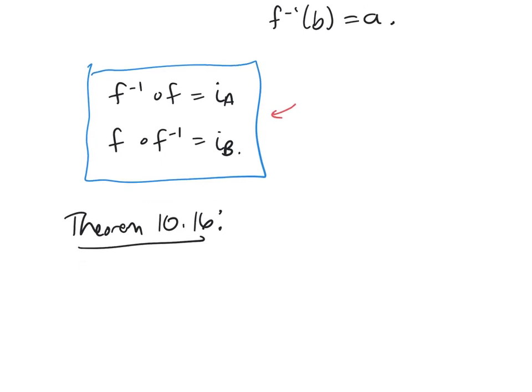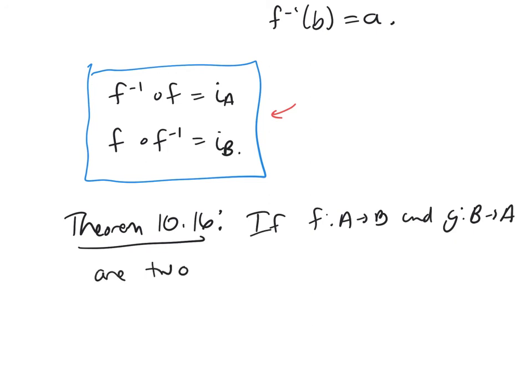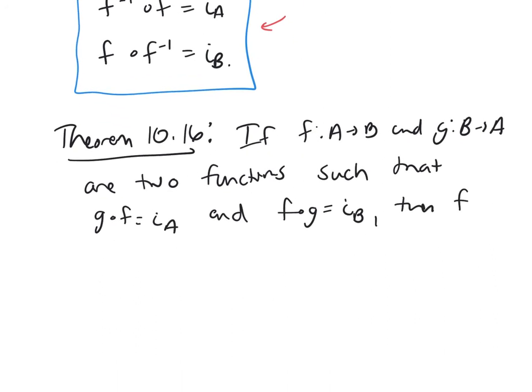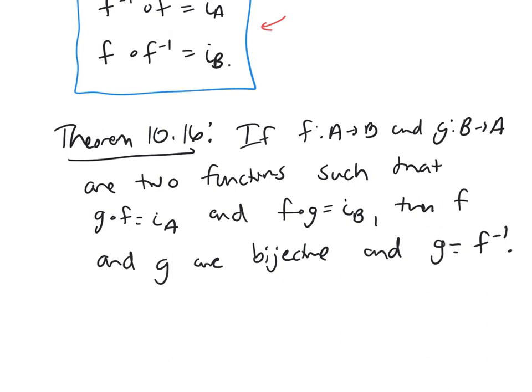So it says if f goes from A to B and g goes from B to A are two functions such that g composed with f is the identity on A and f composed with g is the identity on B, then I know that these two functions f and g are bijective, and really more importantly, I know that g is f inverse.